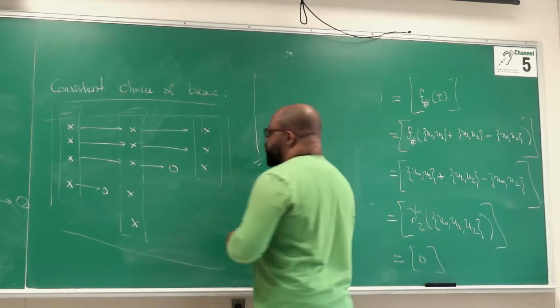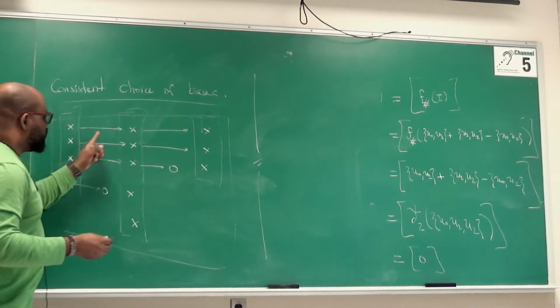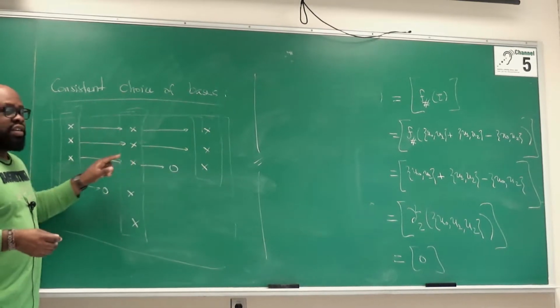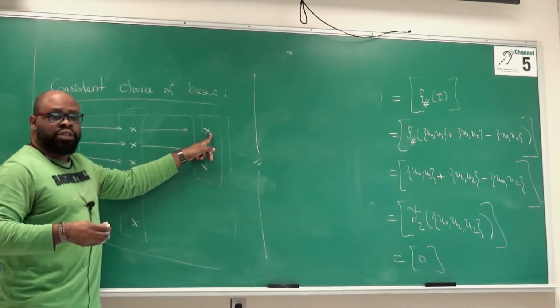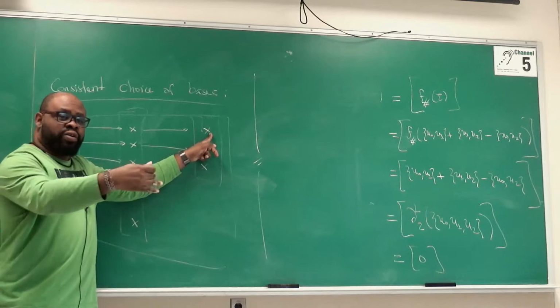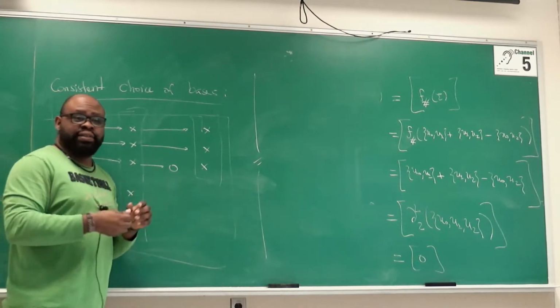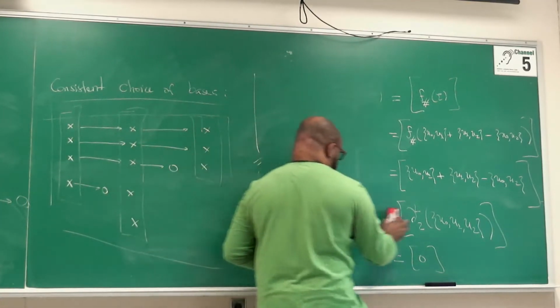What this allows you to do is to keep track of how the homology is changing. It's saying that this homological feature is going to this homological feature, and then it's going to this homological feature. So that's how you pair homology across scales, by making this consistent choice of bases.